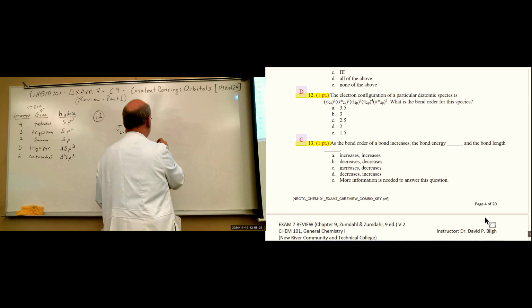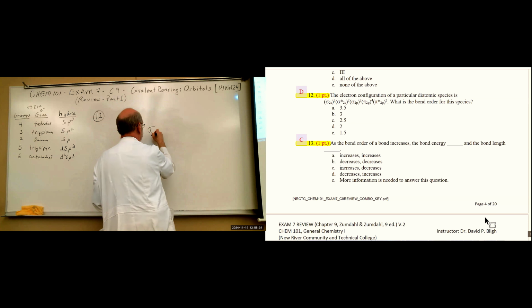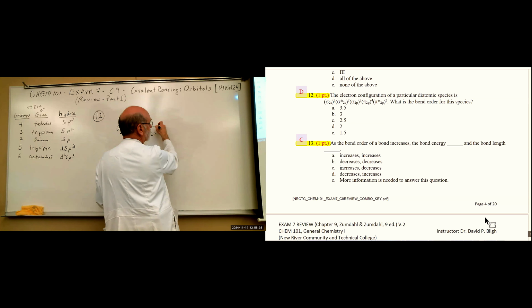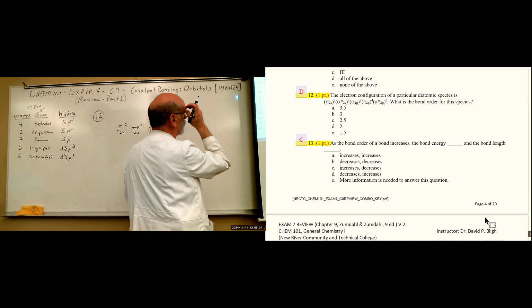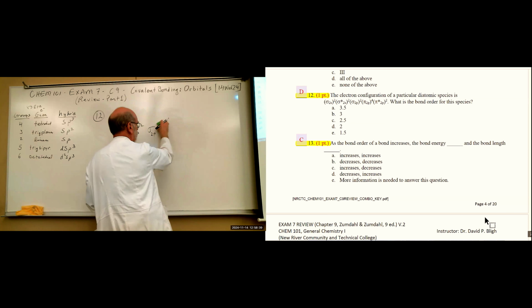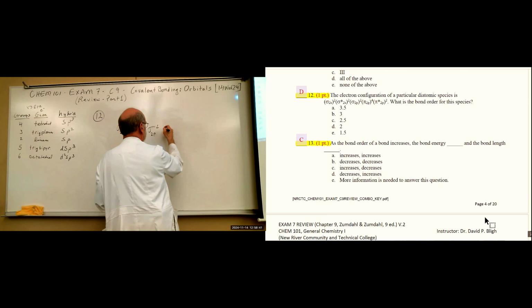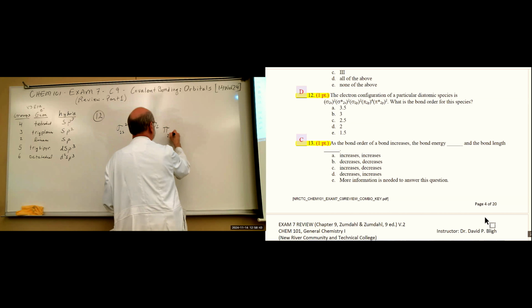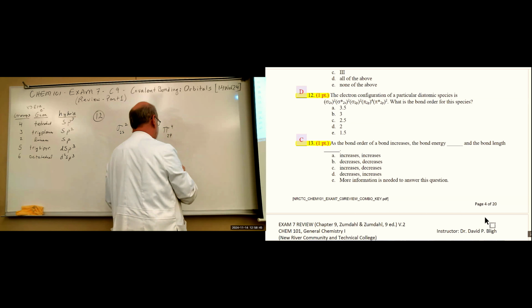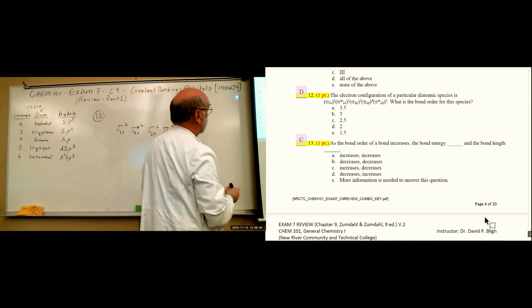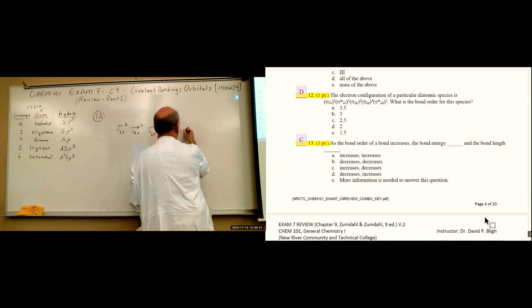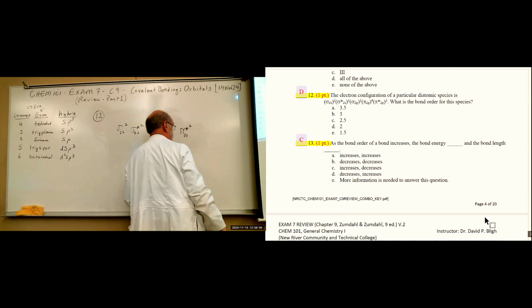Then we have a sigma 2p with two electrons. Sorry, this is sigma, it can only have two. A pi 2p can have four electrons because there are two of them. And then a pi star 2p only has two electrons in it.